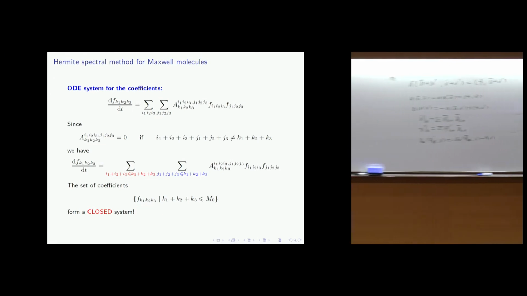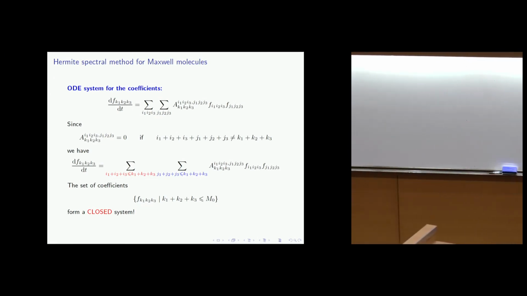Okay, you see that if I1 plus I2 plus I3 is less than or equal to K1 plus K2 plus K3, then because all these coefficients must be positive, if this is violated, I mean that the left-hand side is greater than right-hand side, then this plus this cannot be equal to this. So the coefficients are zeros.